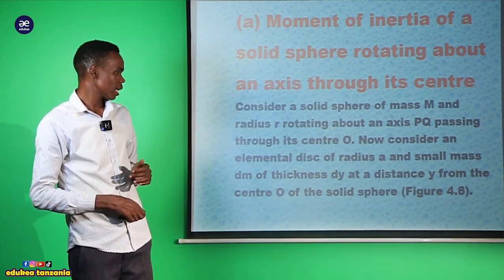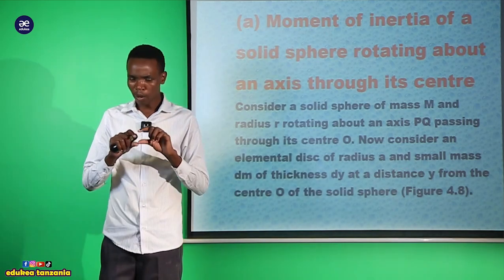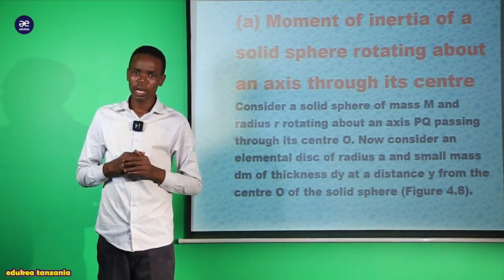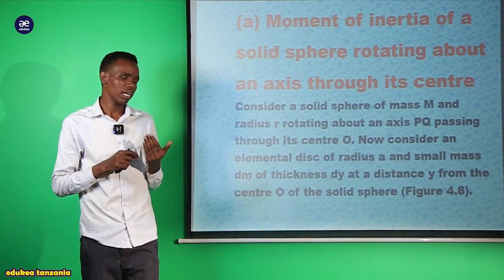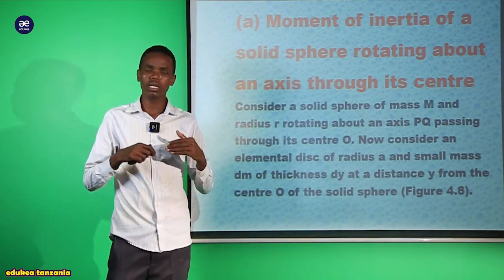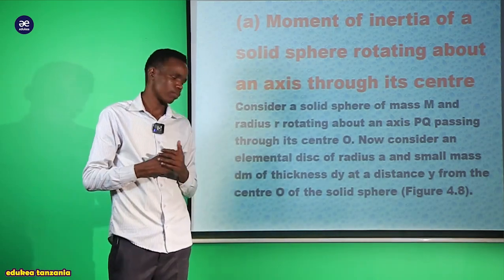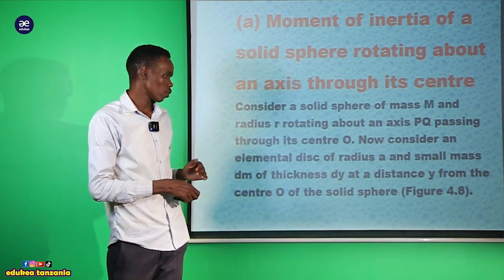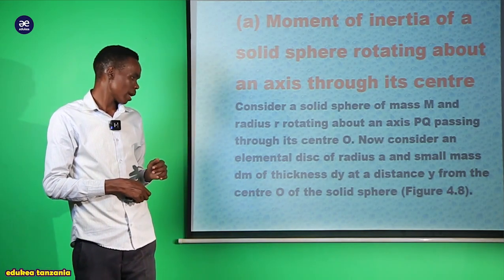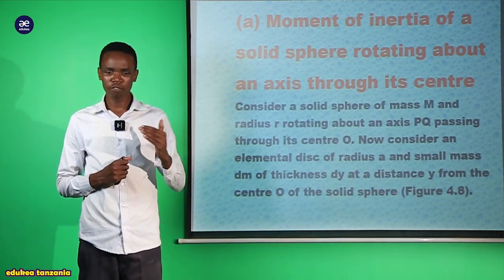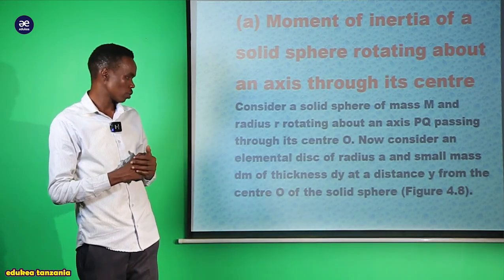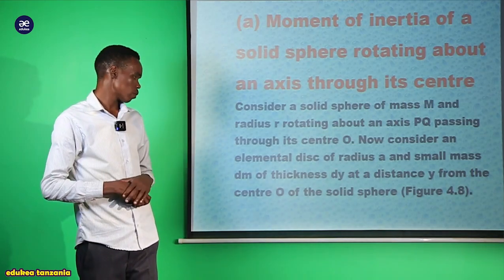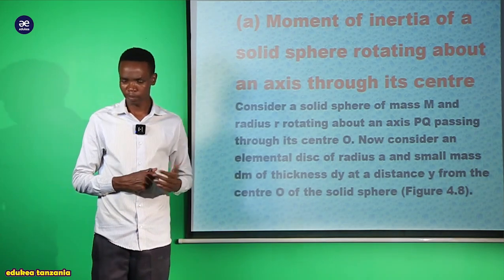So now consider an elemental disk of radius a on our sphere that contains the mass m and also the radius r. It has an elemental disk of radius a and a small mass dm of thickness dy at a distance y from the center of the solid sphere.